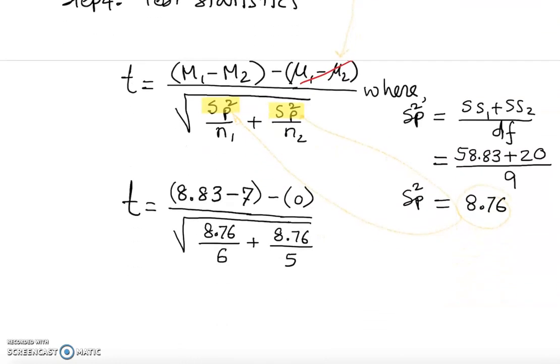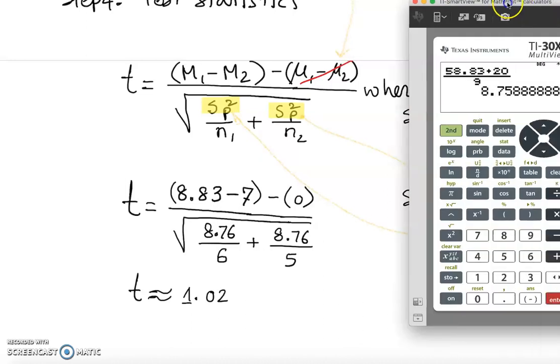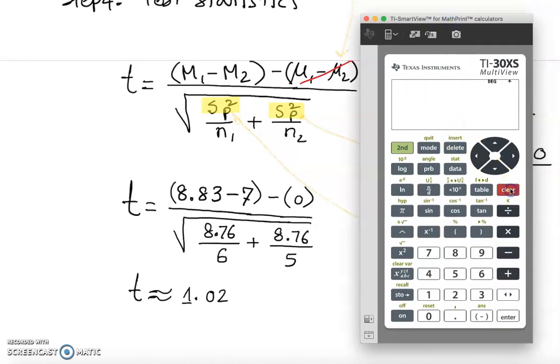Now we put it in the calculator, any calculator, it should give us approximately 1.02. Let me actually show you how you type this in the calculator. So you have this fraction button, which is very useful, and 8.83 minus 7, go down, or you can put minus 0, nothing is going to change actually.